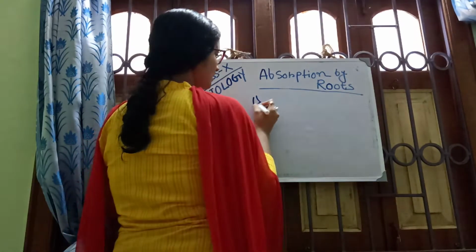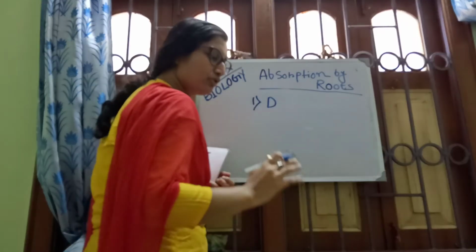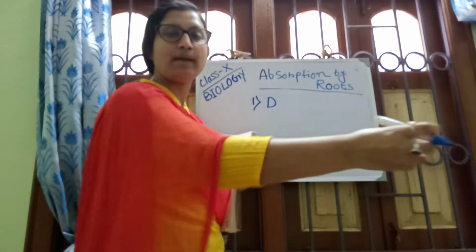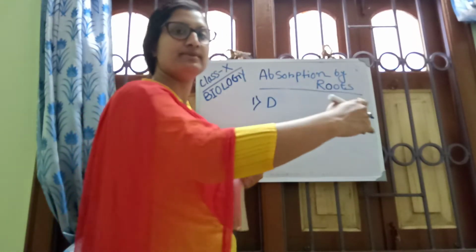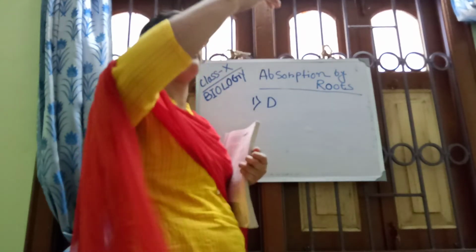First process, diffusion. I am not only talking about the absorption of water; after absorption, water moves to the deeper root cells, then upward movement occurs.